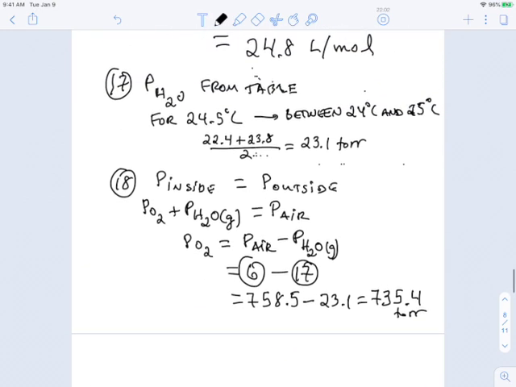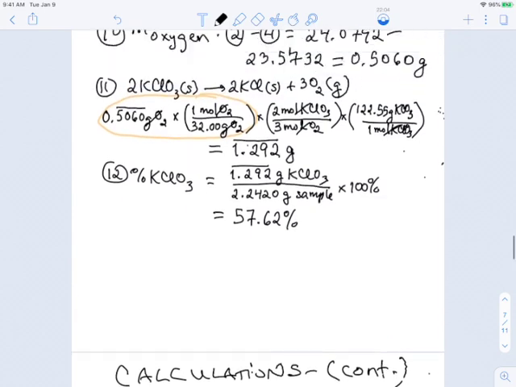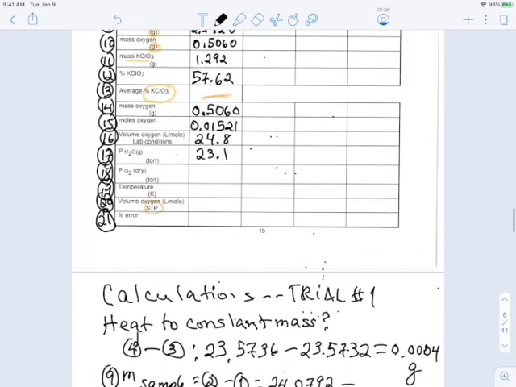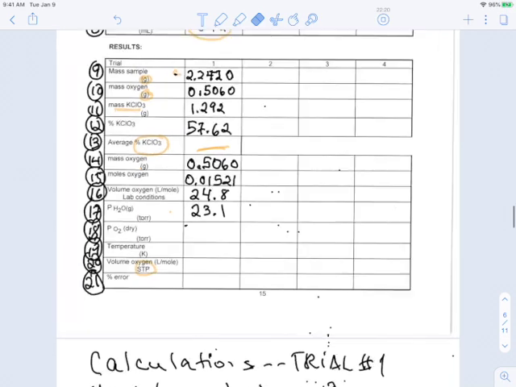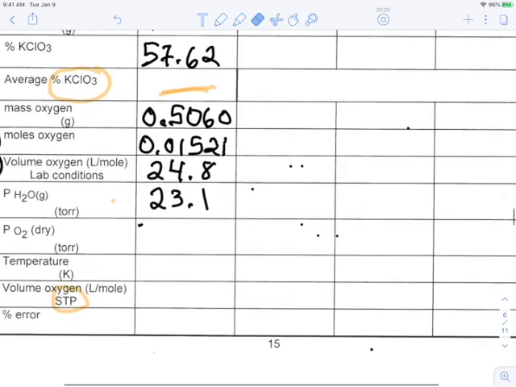So that's the number. I'm going to come back up here to our data sheet and write this number down here, 735.4. So that is the pressure of the dry air.